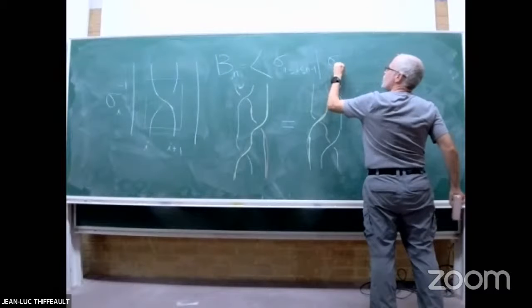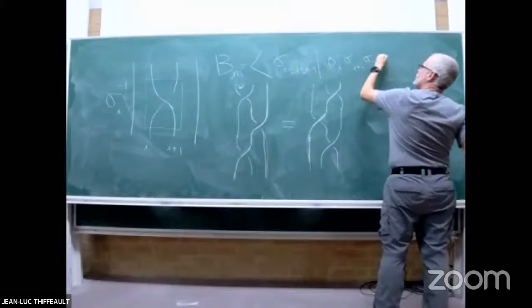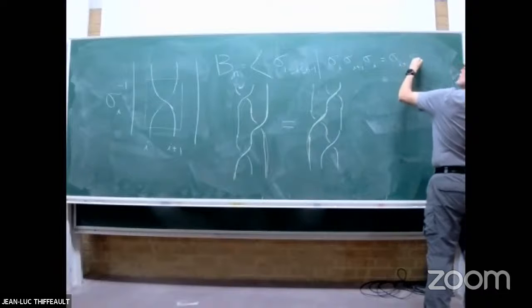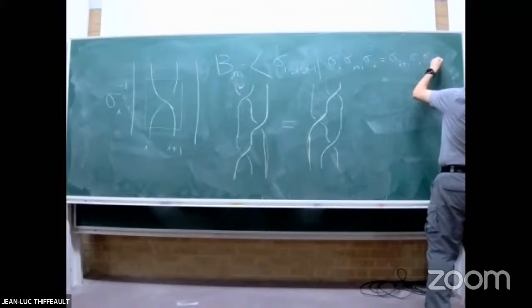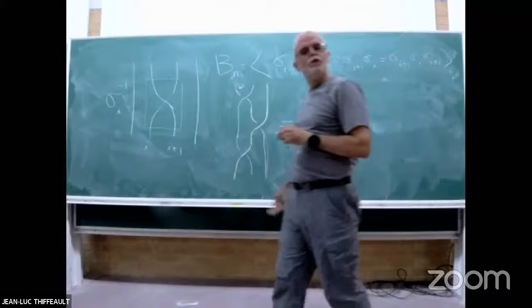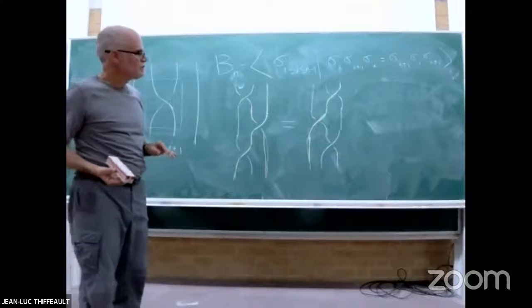One of them is that sigma I plus 1, sigma I, sigma I plus 1 is equal to sigma I, sigma I plus 1, sigma I. So this is just the same relation. This is often called actually the braid relation.